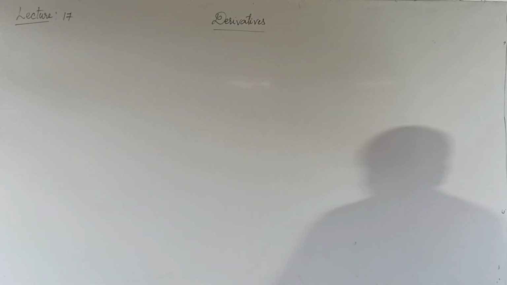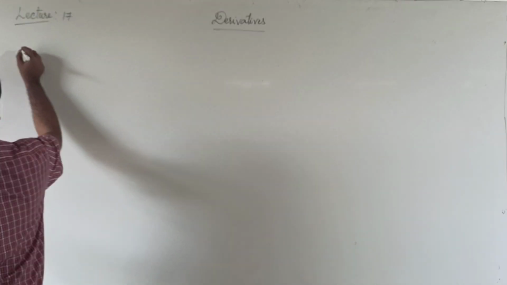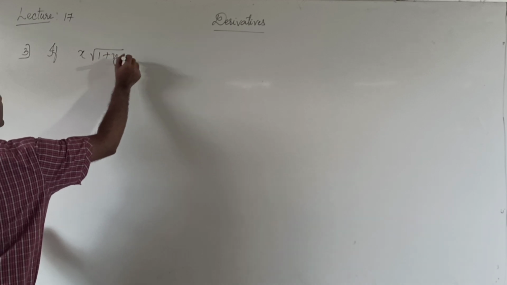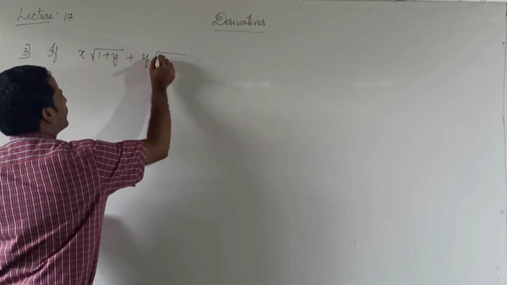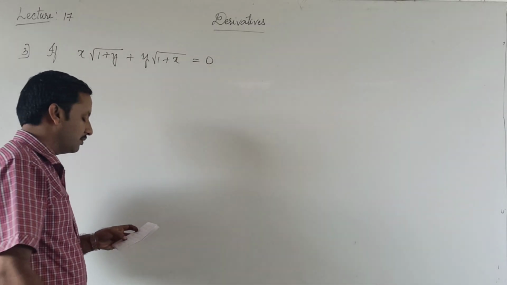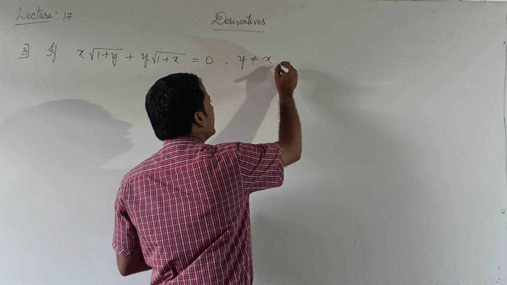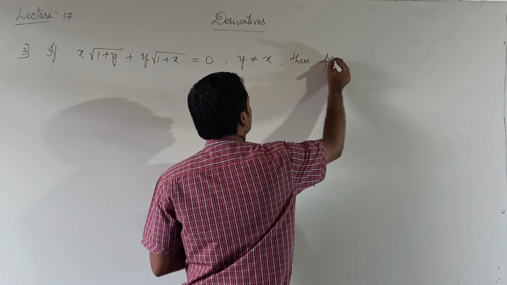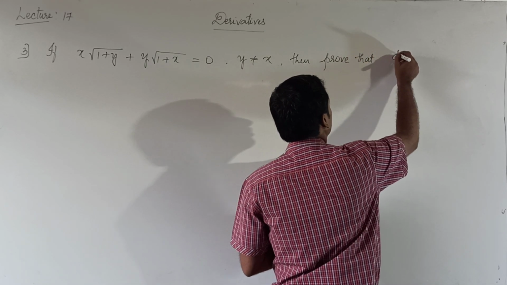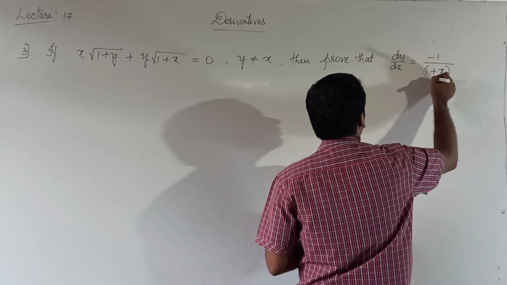Let us look at the next question. If x into root(1+y) plus y into root(1+x) is equal to 0, where y is not equal to x, then prove that dy/dx is equal to minus 1 by (1+x) whole square.